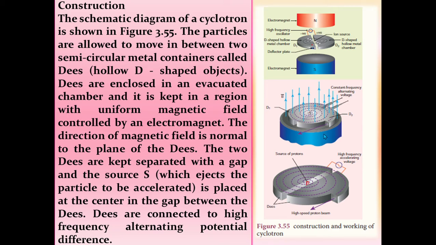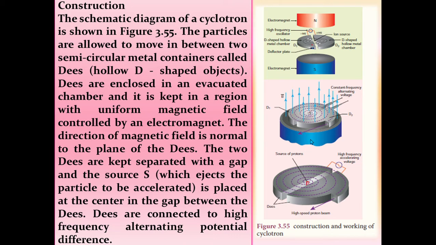Once again, the Ds are enclosed in an evacuated chamber and kept in a region with uniform magnetic field controlled by the electromagnet. This is the electromagnet.